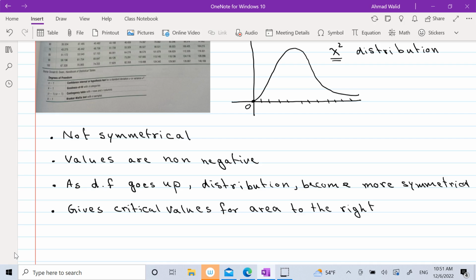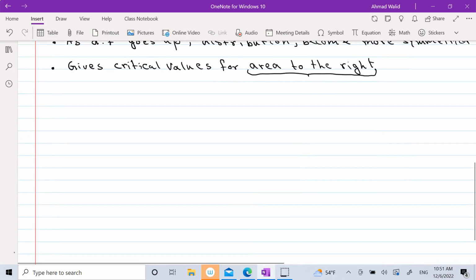This is really a big statement. It's different than the z-score and different than the t-score. In z-score and t-score, your critical value always gives you the area on the left. And chi-square gives you the area on the right.